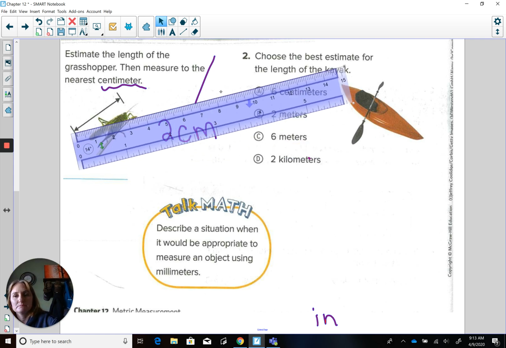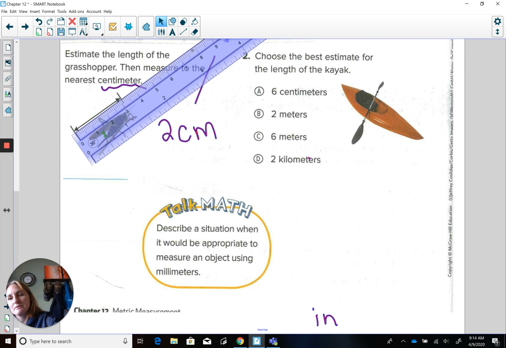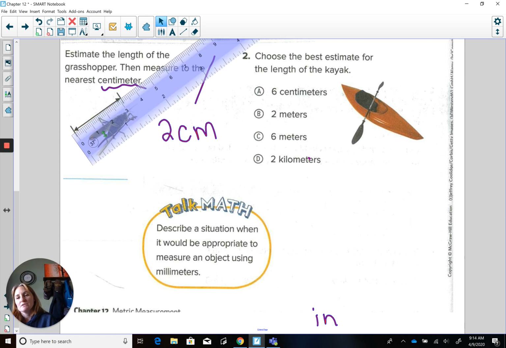I'm going to go back. So again, now my lines, this one's a little bit off, 3 lines, and that's 3. Okay.